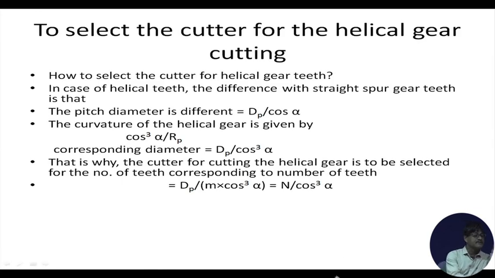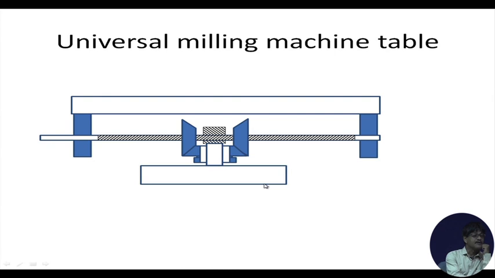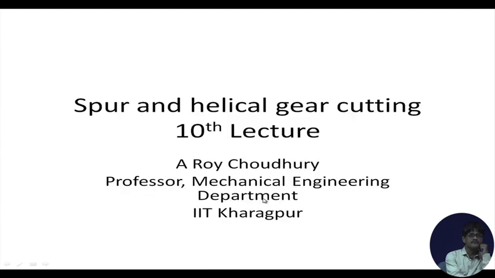So, this is what I have written down here, all the things that we have discussed. This we will come back to if we need to, and therefore we are coming to the end, but we will have 5 minutes of discussion which I want to utilize for discussing certain aspects of helical milling.